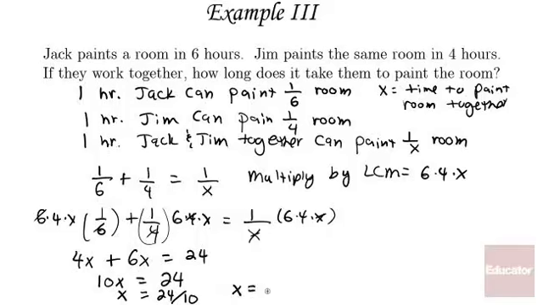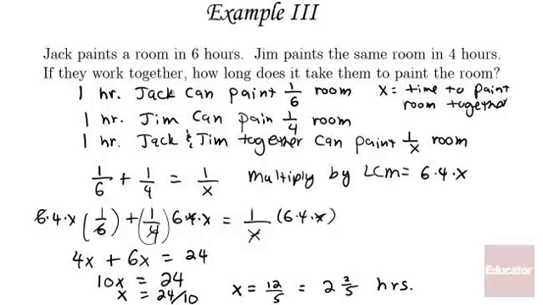So x equals, we could rewrite this as 12/5, which equals 2 2/5 hours. Okay, so that makes sense. Jim paints the room in 4 hours, and if Jack is helping, it's going to significantly cut down the amount of time that it takes to do. So both of them working together take 2 2/5 hours.